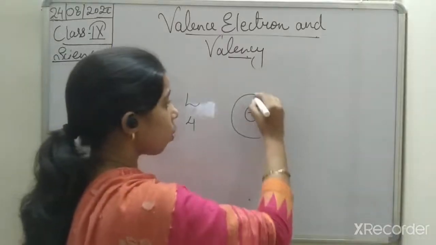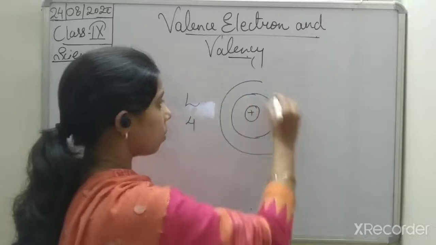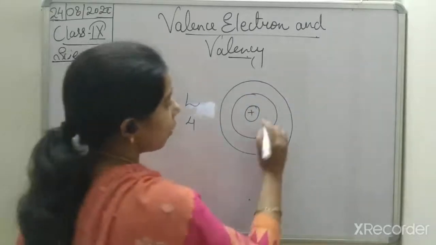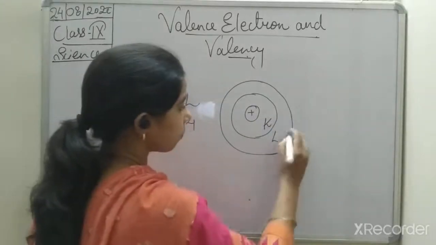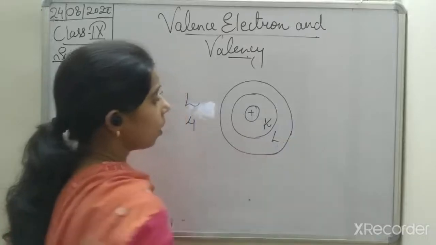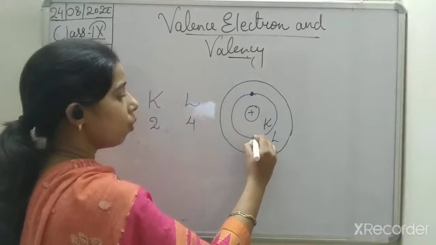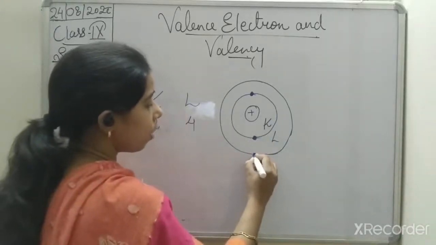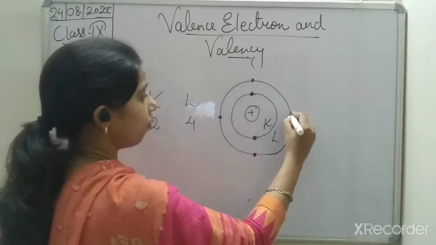If this is the first shell and this one will be the second shell. So you see here, students, the first shell is K and here it will be the L shell. Okay, so how many electrons are there in the K shell? That is 2. And how many electrons are there in the L shell? That is 4. 1, 2, 3 and 4.